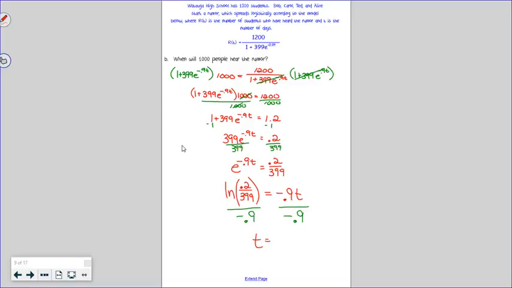The natural log of 0.2 divided by 399 should be some ugly negative number. And then we divide by negative 0.9. And it turns out to be, I don't know what it is, 8.44.